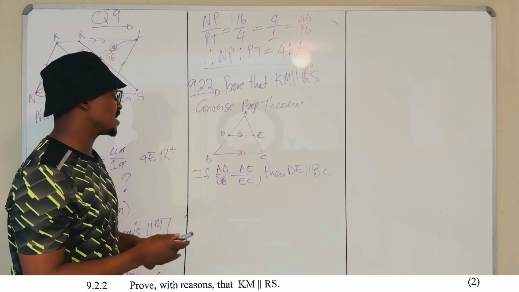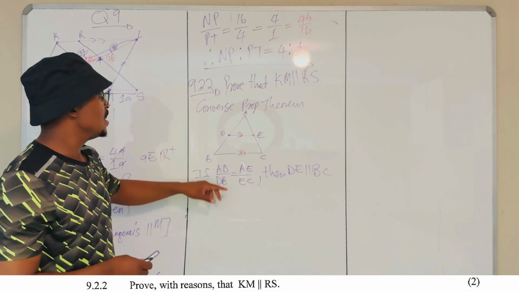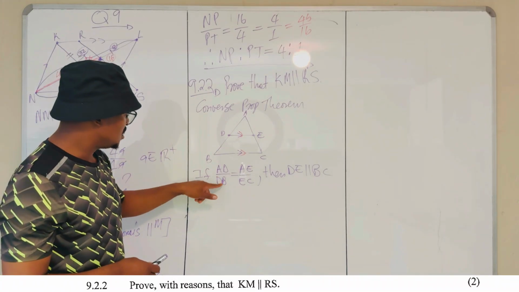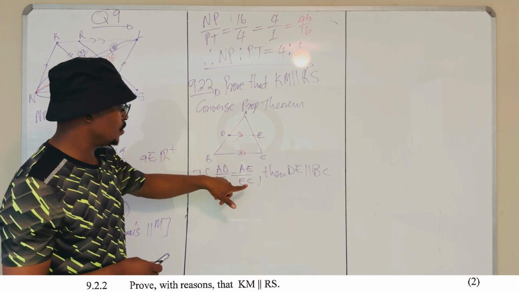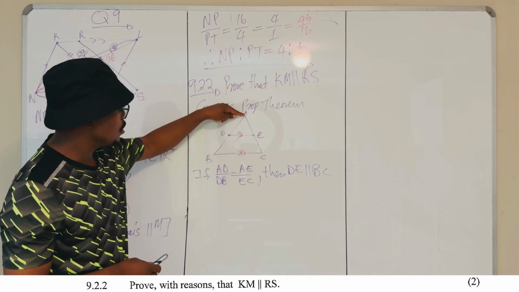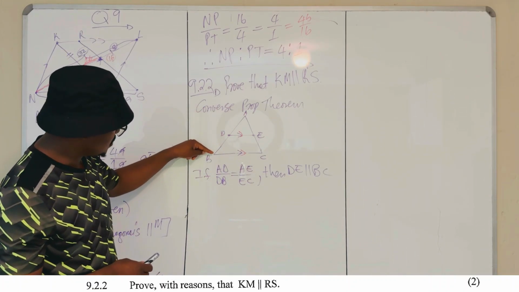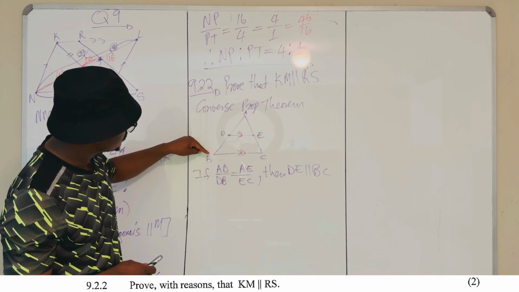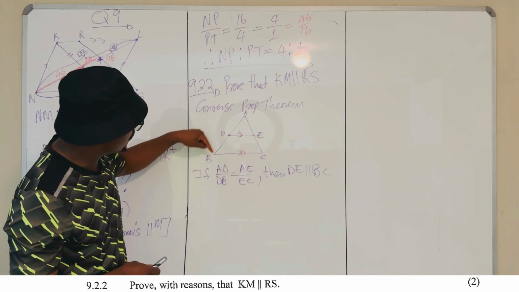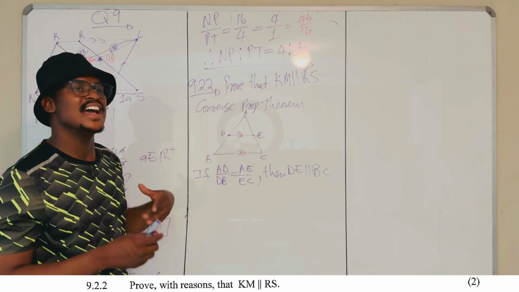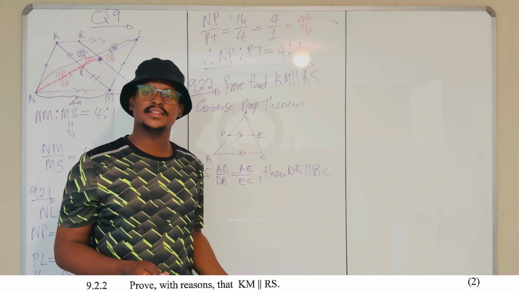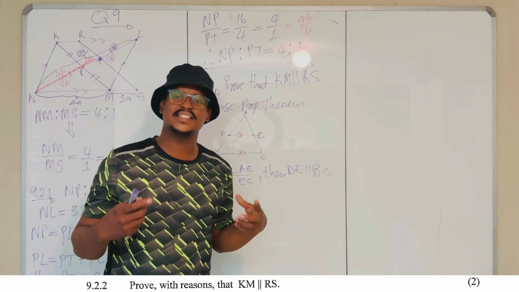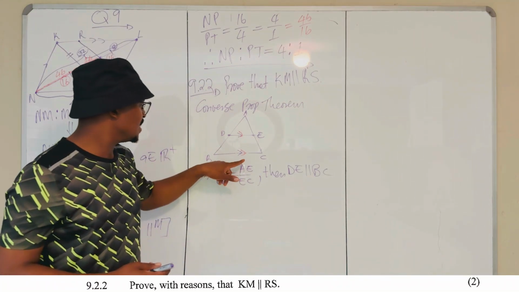This does not necessarily work for this ratio only. It will work for the reciprocal as well, which is DB over AD equal to EC over AE, or maybe AB over DB equal to AC over EC, or BD over BA equal to CE over AC, as long as you take the ratios of the same parts. If the ratios of the same parts come out equal, then these two lines are parallel.